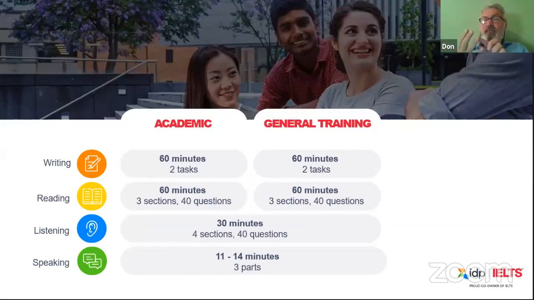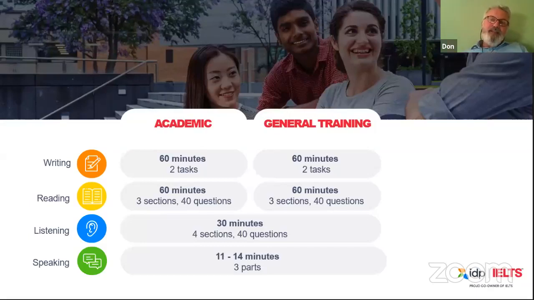We're not worried about your punctuation. We're not worried about your paragraphing. And in the IELTS test, we're not really even worried about whether you're answering the question directly. But in IELTS writing, we worry about all those things. And that is why IELTS writing is a bit difficult. It must be a bit more difficult.